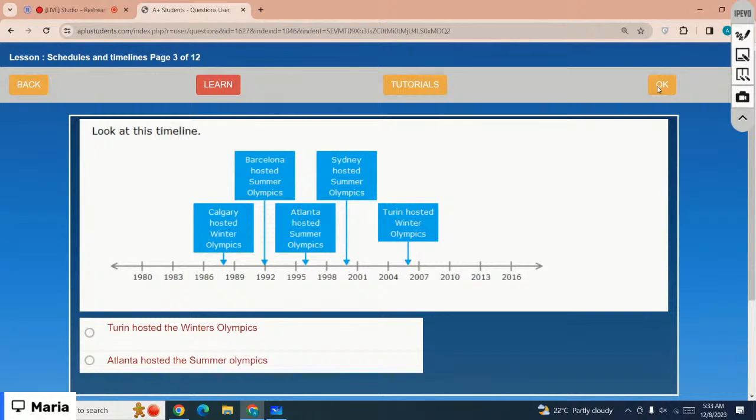Look at this timeline. What we do by looking at the timeline. Turin hosted Winter Olympics, but okay, let's just select any of the options. Let's see.